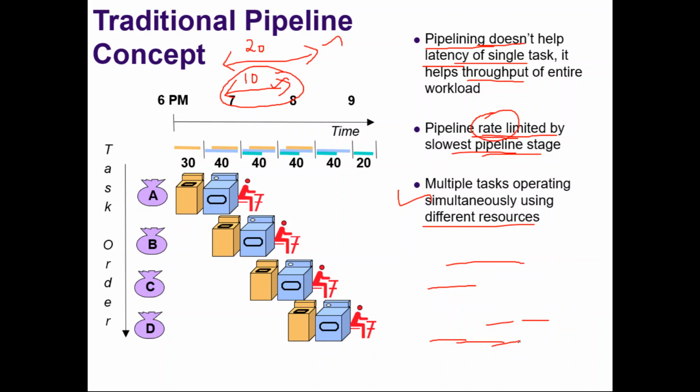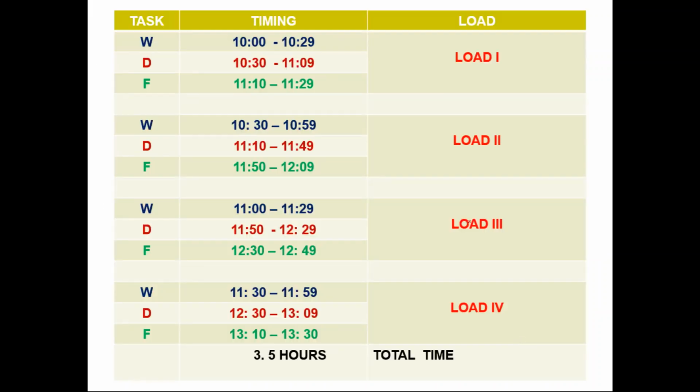Here, why we say that: even though the second load has finished washing at 10:59, and from 11 o'clock onwards it is free, the dryer is not available. Are you getting it? The dryer is available only at 11:09, so it is waiting for 10 minutes.